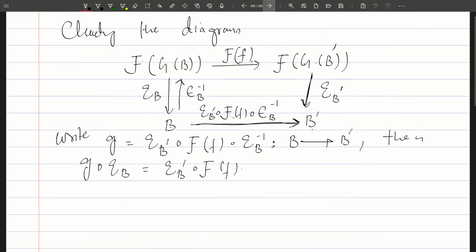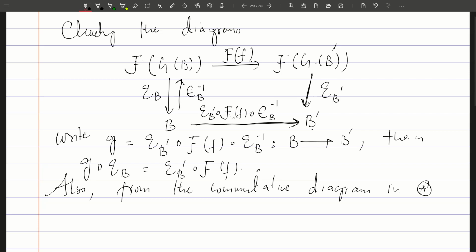Also from the commutative diagram in star, we have g composite epsilon B is the same as epsilon B prime composite F of G of g.